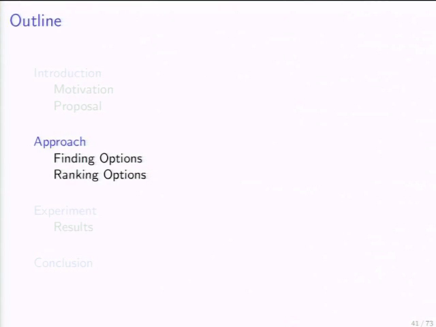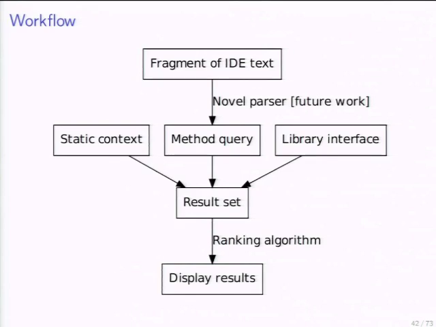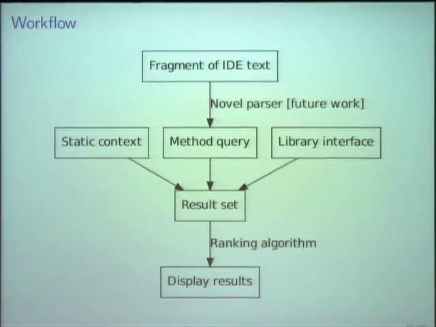Now I'm going to summarize my general approach of how this is going to be implemented. The workflow is that the user is typing some text into the IDE, and this is somehow going to be parsed into a query. I have not written a parser. I do not have a particular UI in mind at the moment.